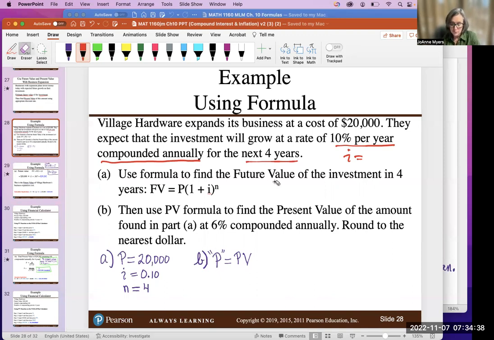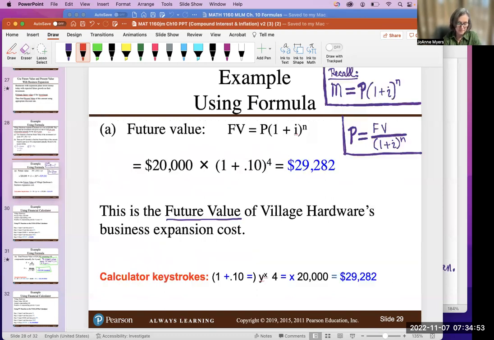You're going to find the future value, then use the present value formula for part B. Your future value is the same thing as your M, your mature value.